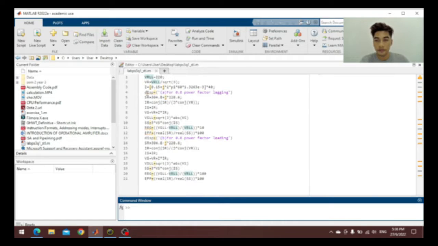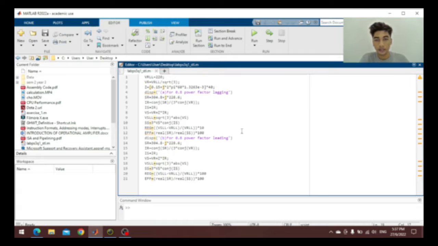This is the first display, and the display is for 0.8 power factor lagging. All of this is the formula for the short transmission line question.